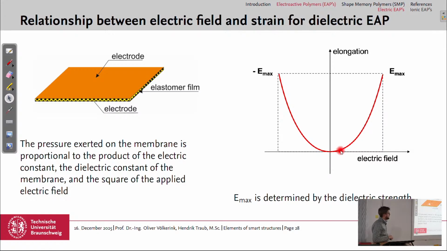In this range we need a rather large change in electric field to get a change in elongation, and then since it's squared, here we only need small changes in electric field to get high elongations. So it's nonlinear, and small signal won't work here anymore. But we could also assume a behavior like this, or maybe like this, so we have a regression line if we assume small signal behavior.